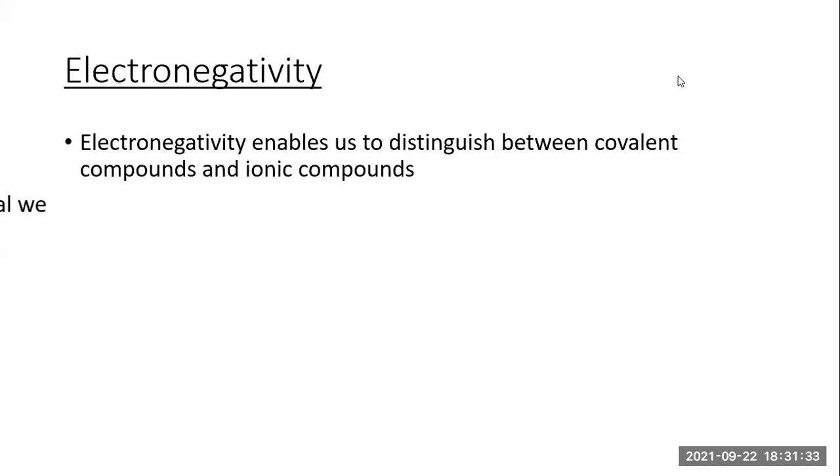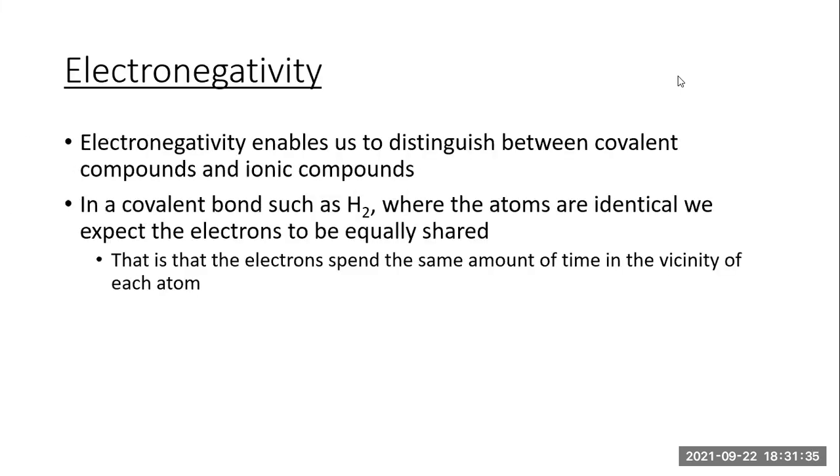So how do we know when we are sharing electrons between these nonmetals, if they will be shared equally or unequally? It really is the electronegativity that helps us determine if these electrons are going to be shared equally or unequally. What is electronegativity?